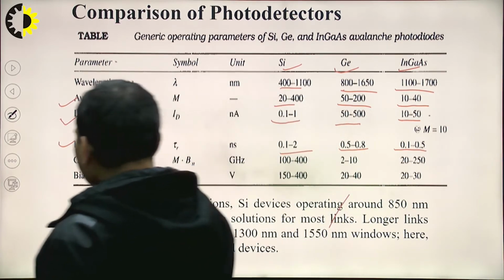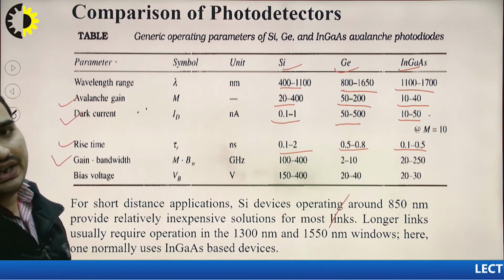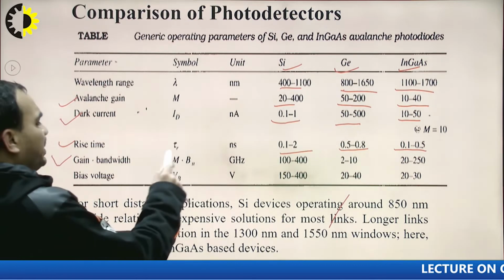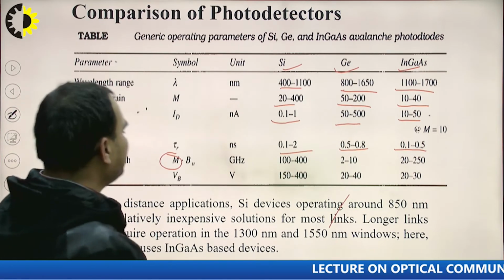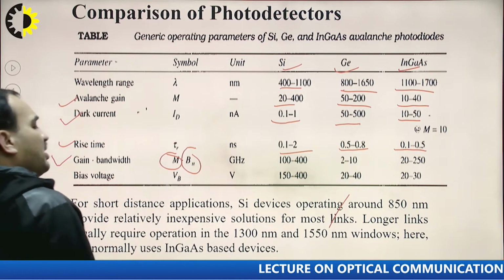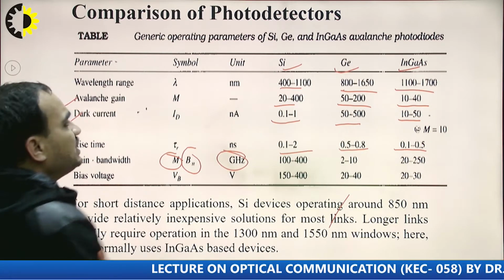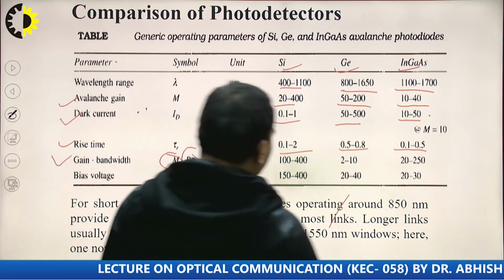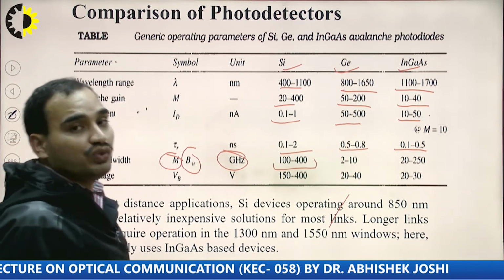Now the next important parameter is the gain bandwidth product. Gain here in the avalanche is nothing but the factor M, that is the avalanche multiplication, and the bandwidth is given by B. So the unit will be in gigahertz. For silicon the range of the gain bandwidth product is from 100 to 400.